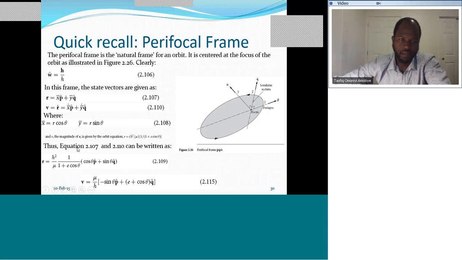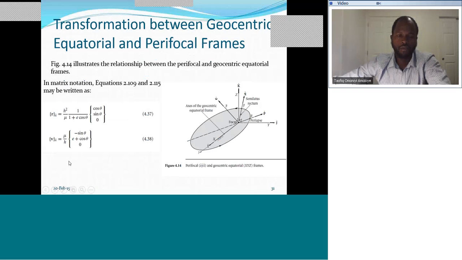So equations 2.107 and 2.110 can be written as equation 2.109 for the position vector, and equation 2.115 for the velocity vector. In matrix notation, equations 2.109 and 2.115 can be written in this manner.